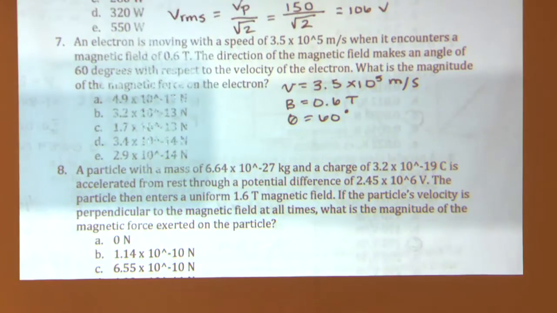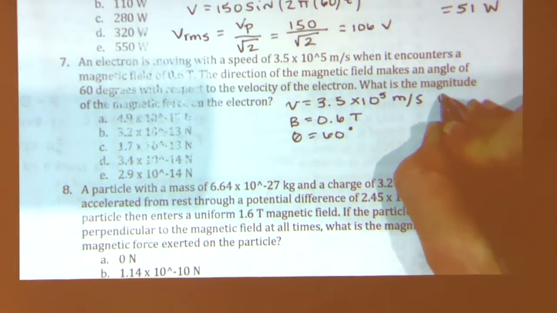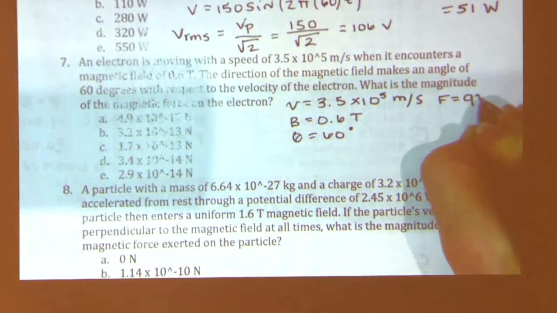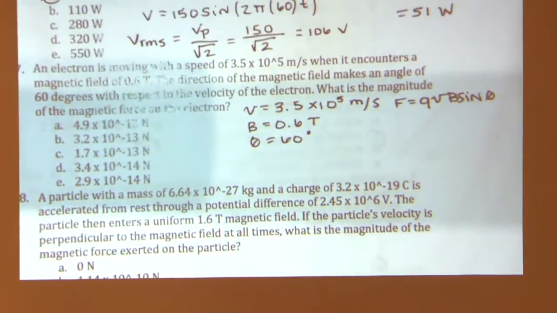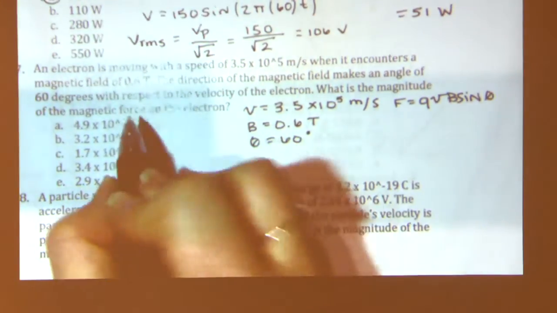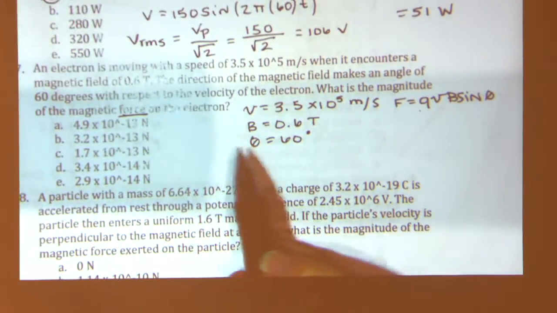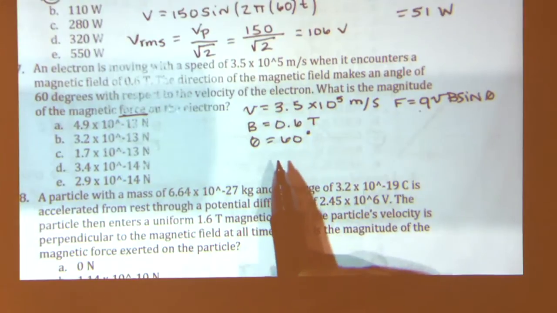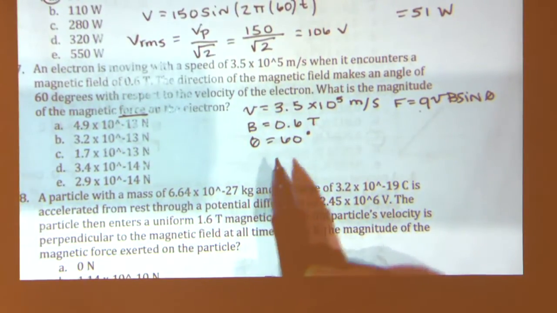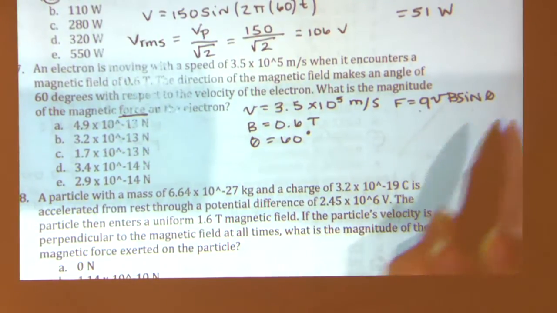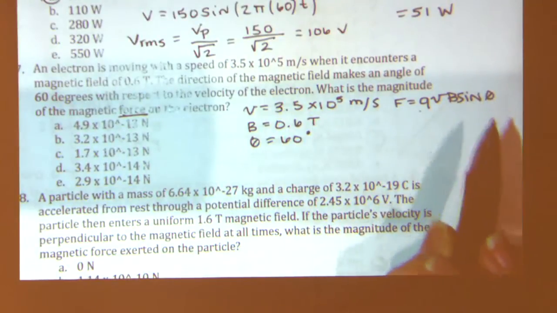First, we know our equation for this is F equals QVB sine theta. The reason I know we need to use that equation is because we're looking for force and we're given literally everything else. Even if they didn't say theta, if they said the magnetic field is perpendicular to the velocity of the electron, that theta would be 90, and sine theta would just be 1.